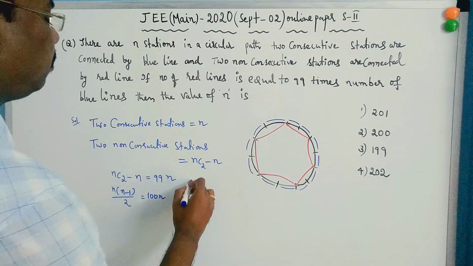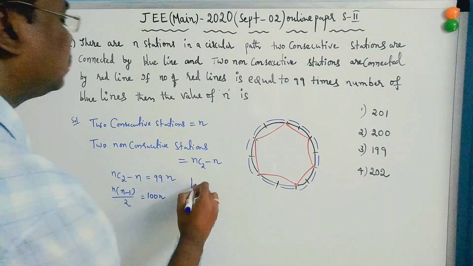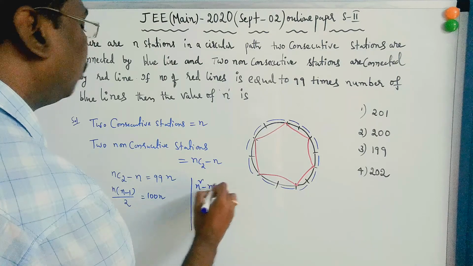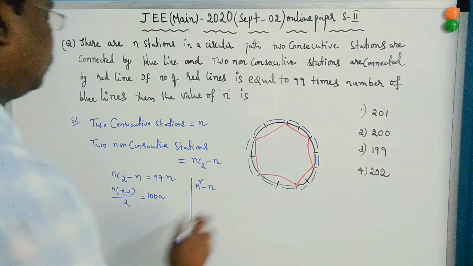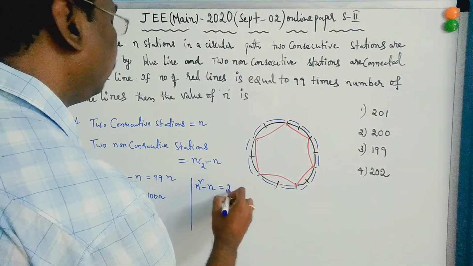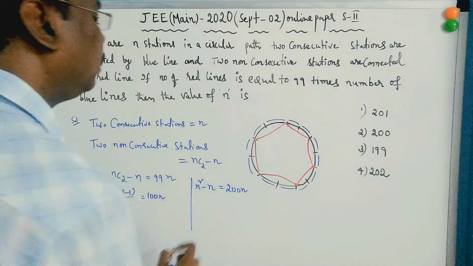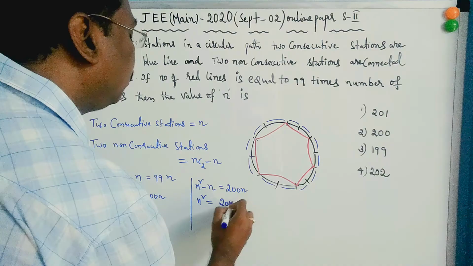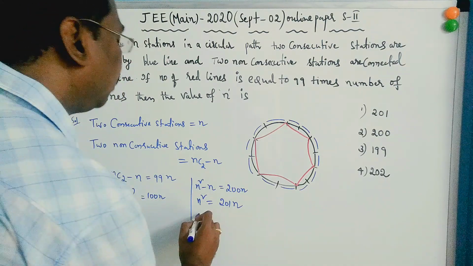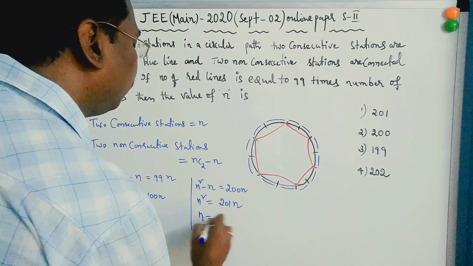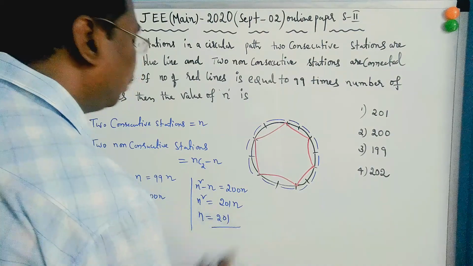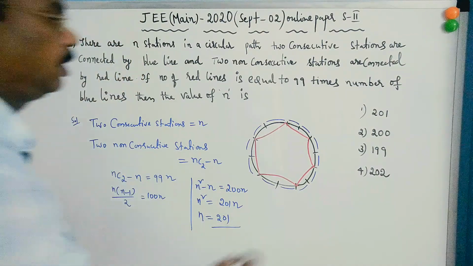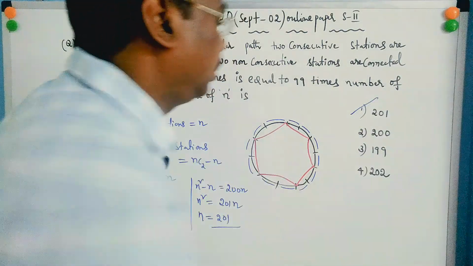By cross multiplication, n² - n = 200n. Now n² = 201n, so n = 201. Now option 1 is the correct one.